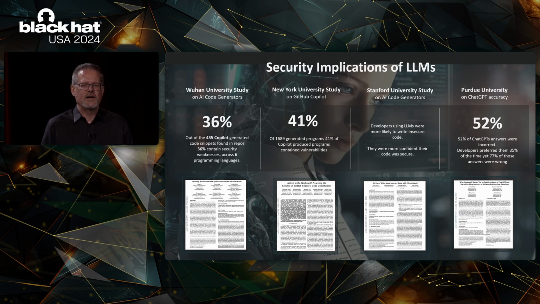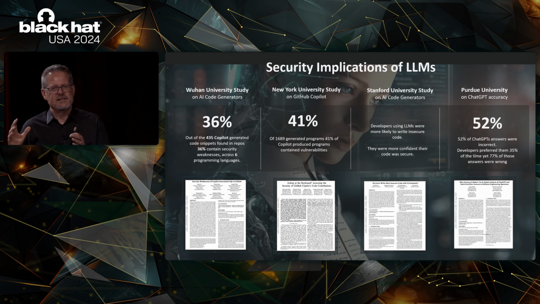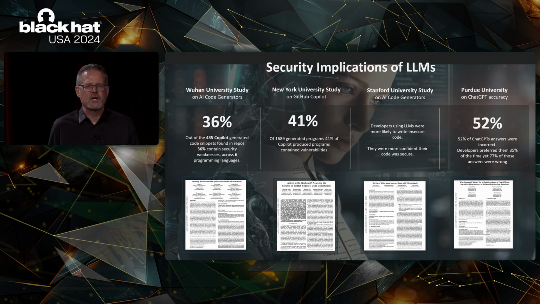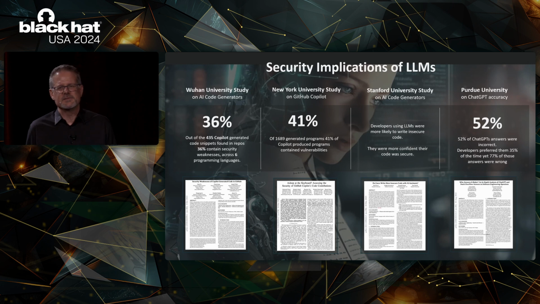So they went out and found real world code that is sitting out there in open source repos that has these vulnerabilities in it. So they took all of these snippets of code, they ran them through static analysis, they inspected the results and verified them, and found that 36% of these 435 snippets had a vulnerability.